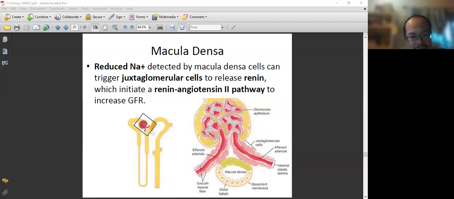So as I showed before, the afferent coming into the glomerulus and the efferent coming out all pass through the distal. This distal has very unique cells. This distal is important. Let me draw it here. When it comes to the distal here, we secrete sodium.